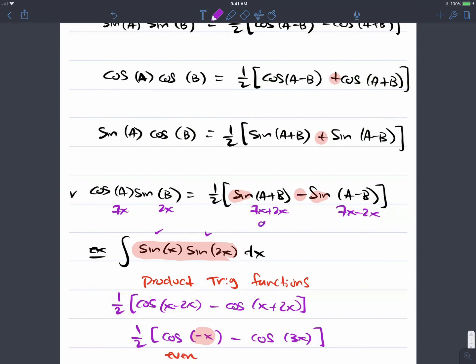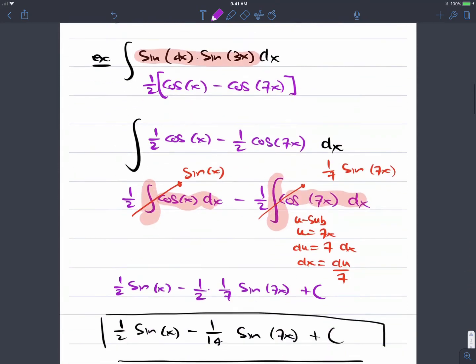Seven x plus 2x gives you 9x. 7x minus 2x gives you 5x. So this is going to be 1/2 sine 9x minus sine 5x. So it's sine 9x minus sine 5x.